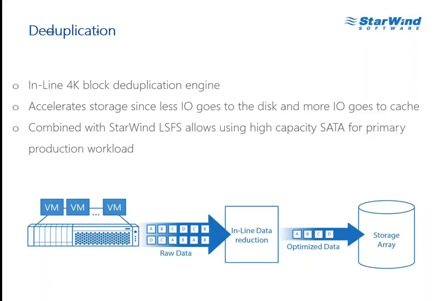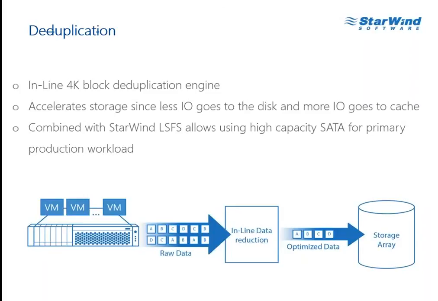And of course, writing less to the disk and combining our caching solution with StarWind LSFS or log structured file system underneath allows us to use high-capacity SATA spindles for primary production workloads, which has previously not been quite popular in the virtualization world.